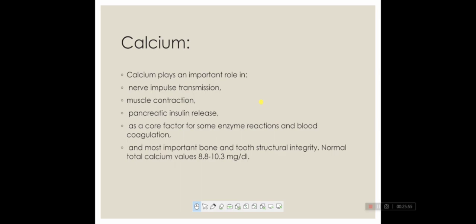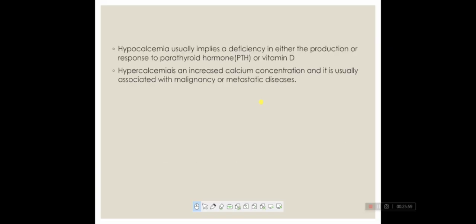The normal total calcium value in the blood is between 8.8 and 10.3 mg per deciliter. If the calcium has reduced from the normal range, it is usually an implication of a deficiency in either the production of calcium or the response to parathyroid hormones.